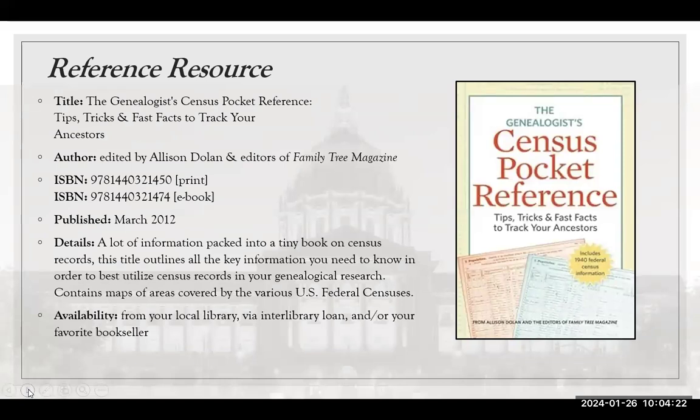I'm going to touch on some really good reference resources that I came across during my research. The first one is the Genealogist's Census Pocket Reference: Tips, Tricks, and Fast Facts to Track Your Ancestors. If you get this out of your local library or from your favorite bookseller, it is definitely pocket-sized, and it packs a lot of information.